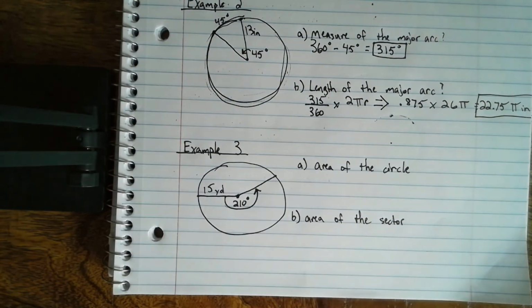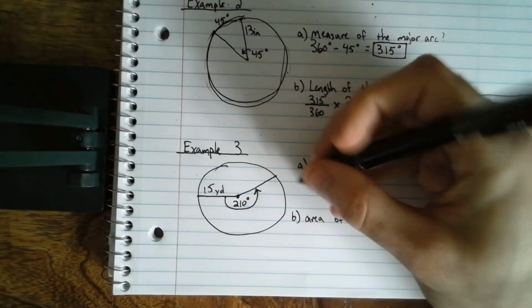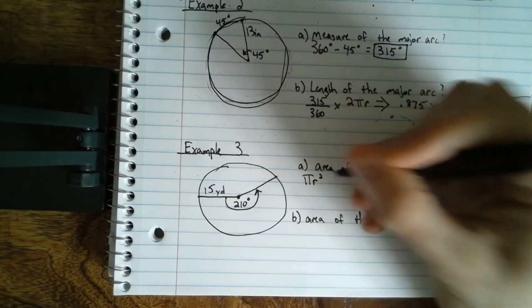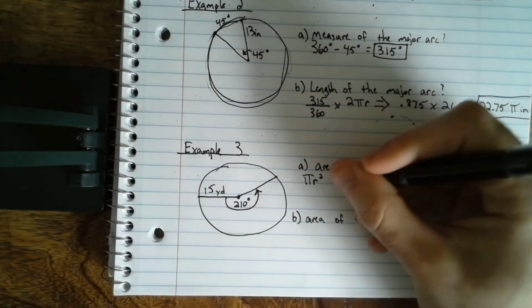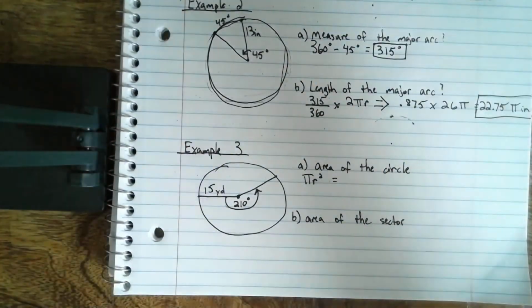The radius is 15. So what's the area of the circle, first of all? Well, the area is just pi times my radius squared. Okay, we're going to leave our pi in there.